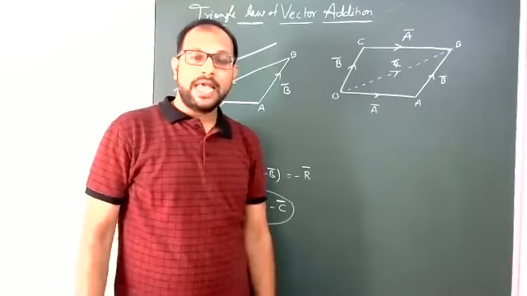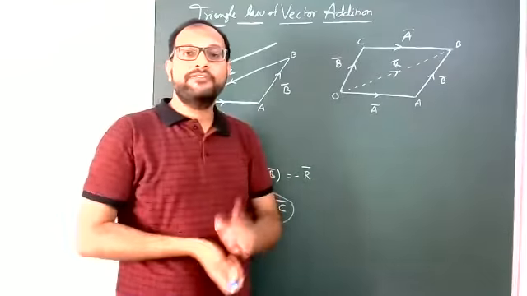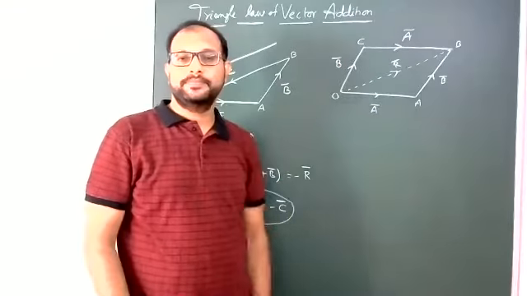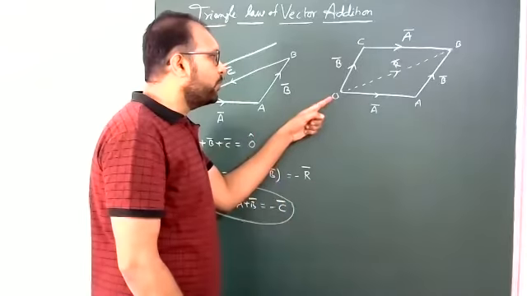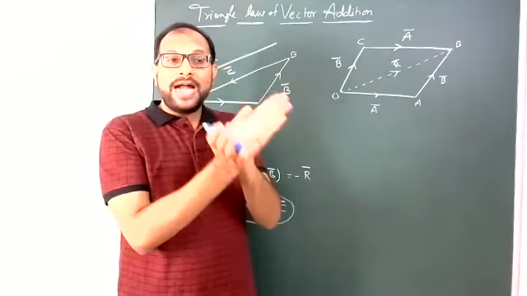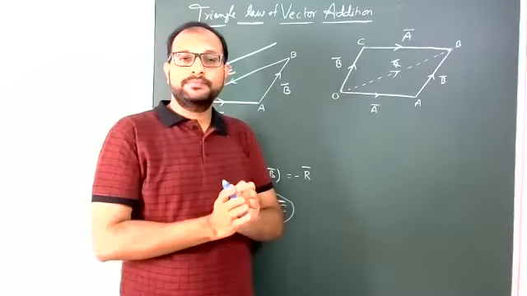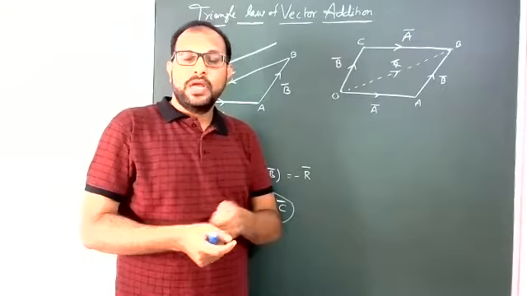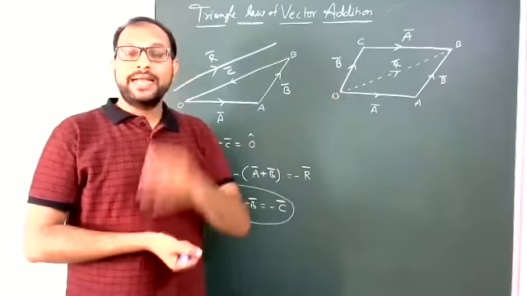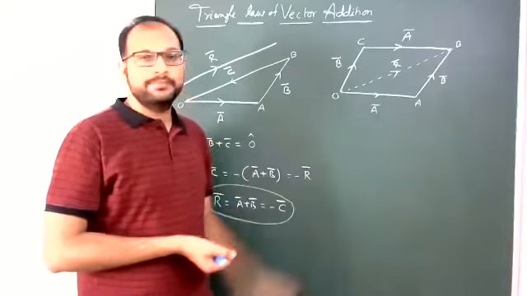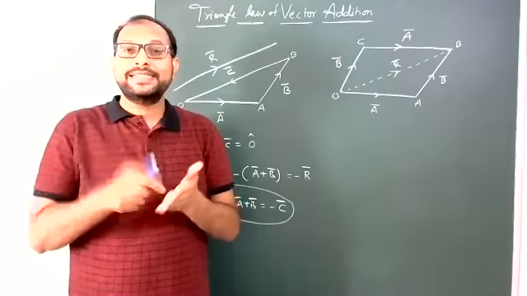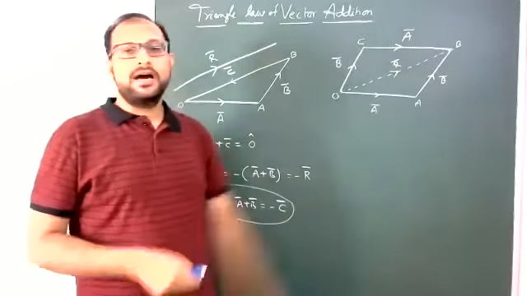Suppose the adjacent sides of a parallelogram start from the same point O. See, A also starts from O, B also starts from O. If two adjacent sides of a parallelogram represent two vectors starting from the same point, then the diagonal of the parallelogram starting from the same point represents the vector addition, that is the resultant of those two vectors.